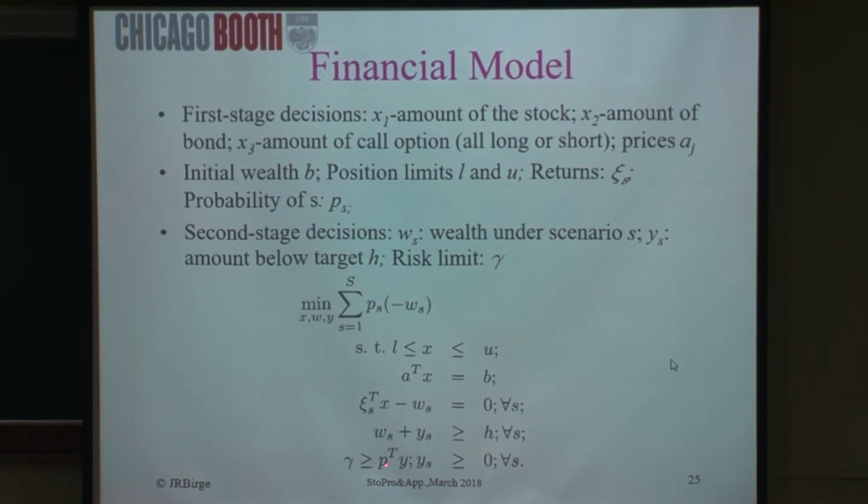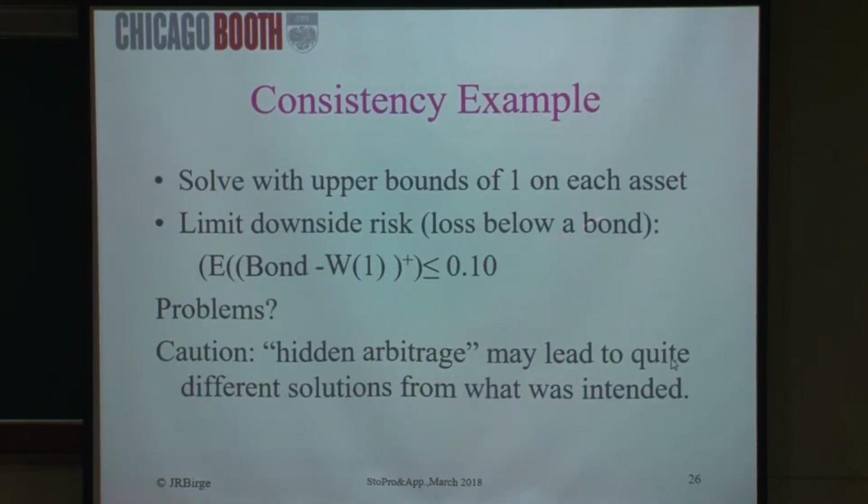But if my wealth is below the target, I'm constrained so that the expected shortfall is less than this risk. I solve with an upper bound on each of the assets, and I limit the downside risk so that the loss below whatever the bond returns is less than 10 cents in expectation.